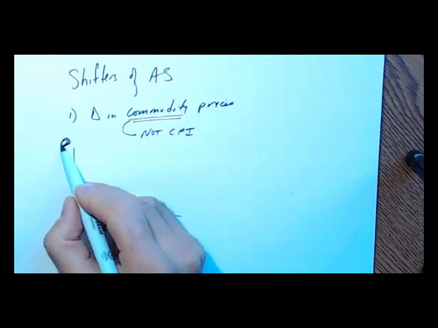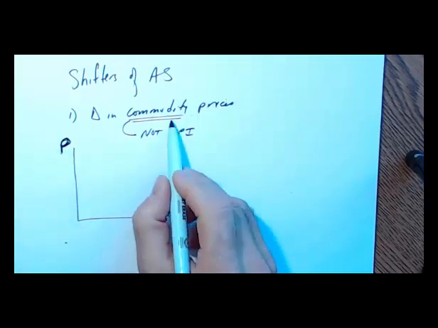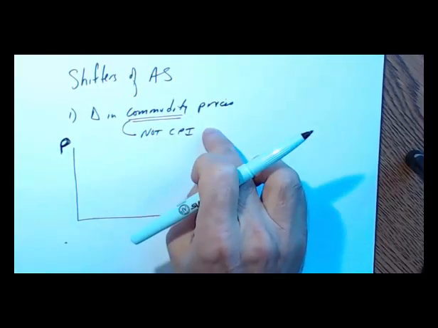So here we're always using prices of final goods and services. This is commodity prices, which are input prices.